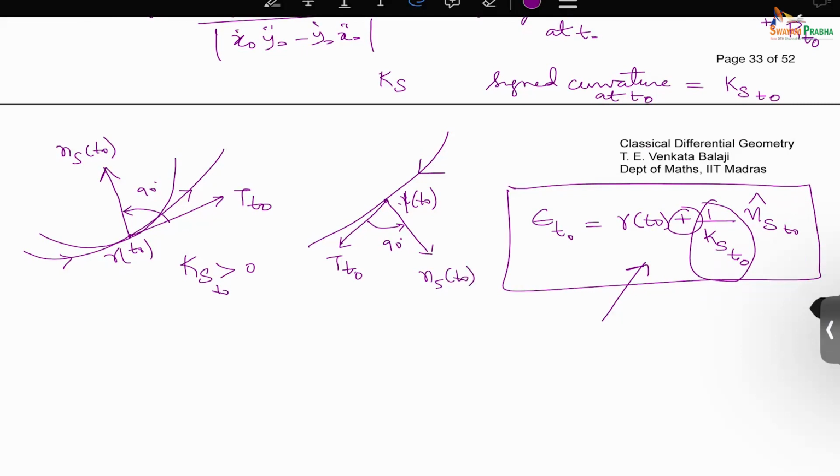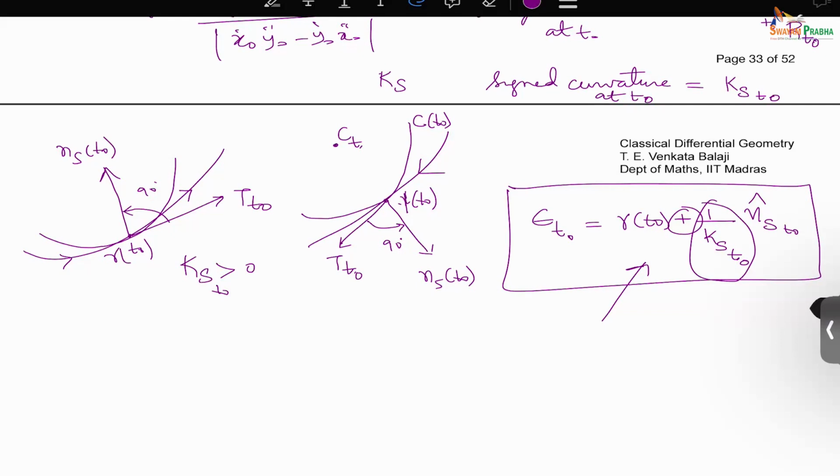But what happened to the circle of curvature and the center of curvature? It is the same. The circle of curvature is still the same thing, and the center of curvature is somewhere here. So this is the circle of curvature at t naught, and this is the center of curvature at t naught. Please don't get confused: C of t naught is the circle of curvature at t naught, and C subscript t naught is the center of curvature at t naught.